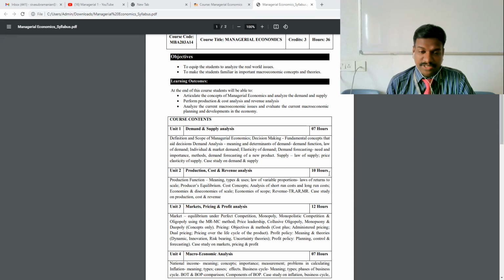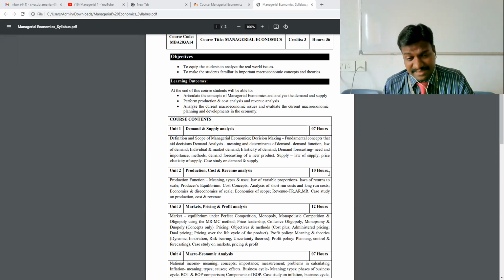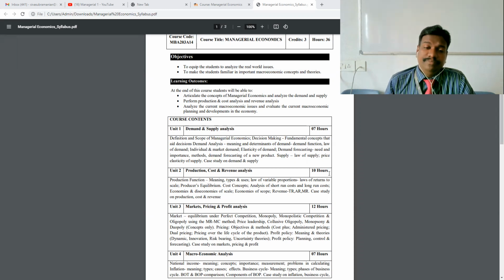We're also going to see the different elasticities of demand in the market, and likewise the supply elasticities in the market as well. So that at the end of this first unit, we are able to understand and apply the various demand and supply functions in the business world, the business market, or any business.